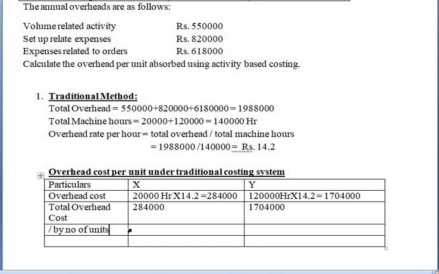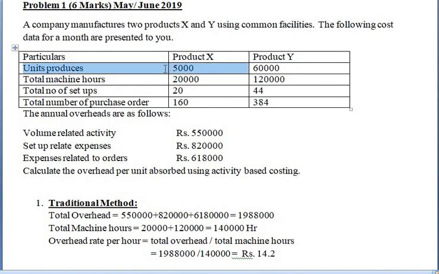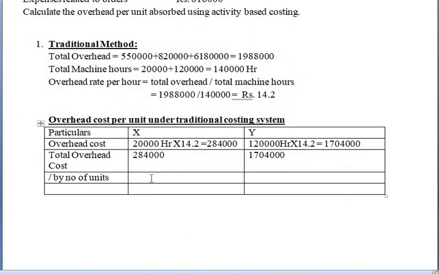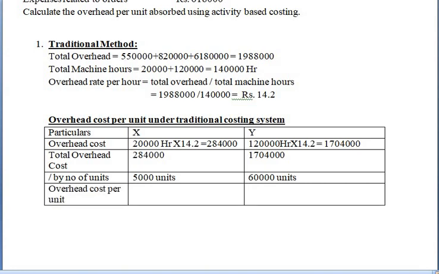Product X has 5,000 units and product Y 60,000 units. So product X is divided by 5,000 units and product Y divided by 60,000 units. Now you will get the overhead cost per unit. So 2,84,000 divided by 5,000 units.